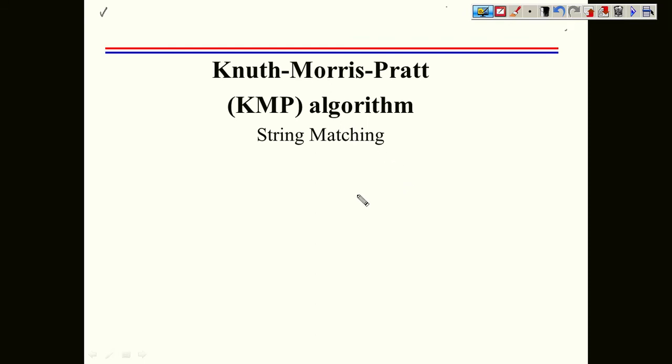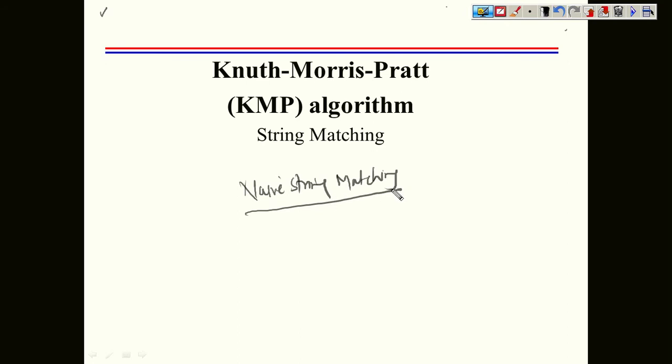So far we have discussed naive string matching, which is string matching based on the brute force approach. Though naive string matching is a very straightforward, very simple algorithm, the drawback is that it is very time consuming and very costly.